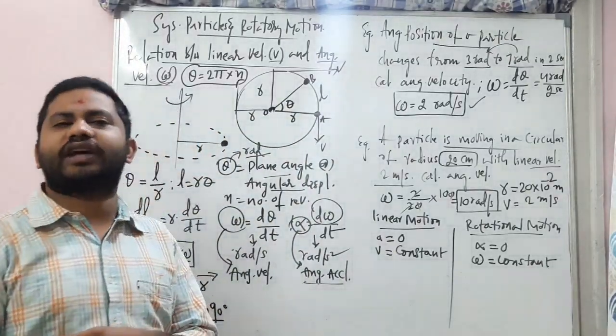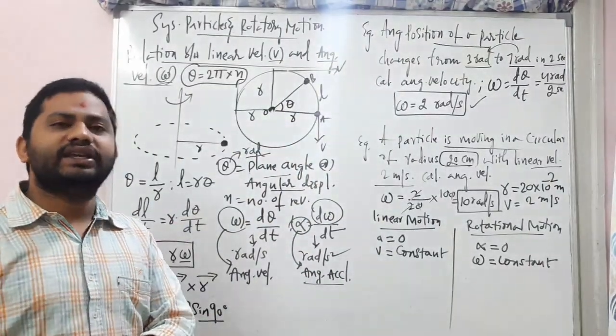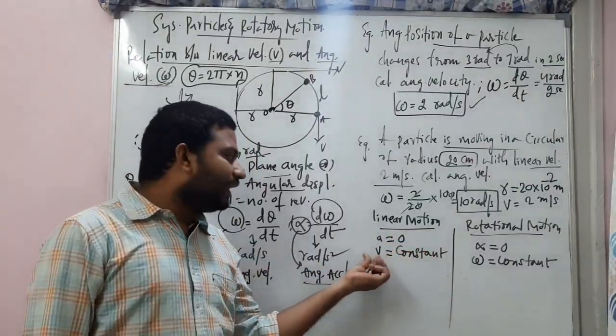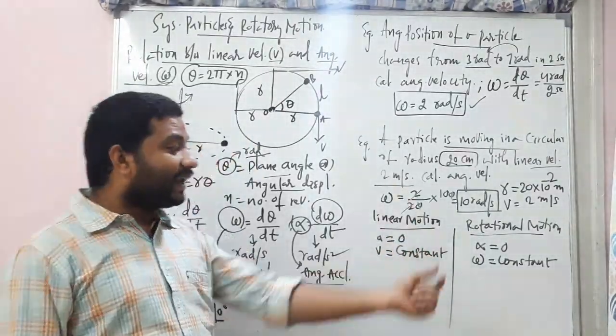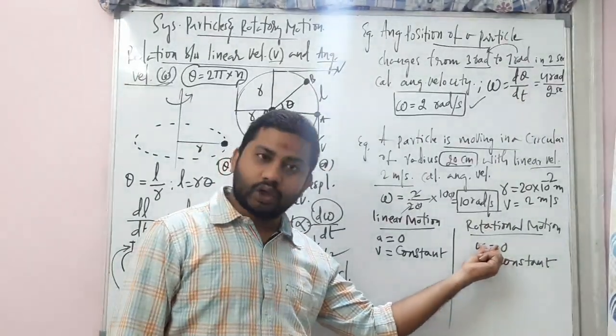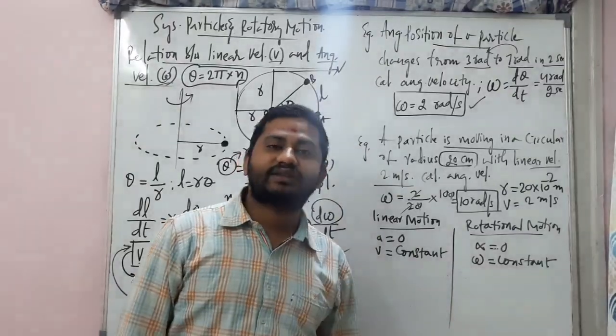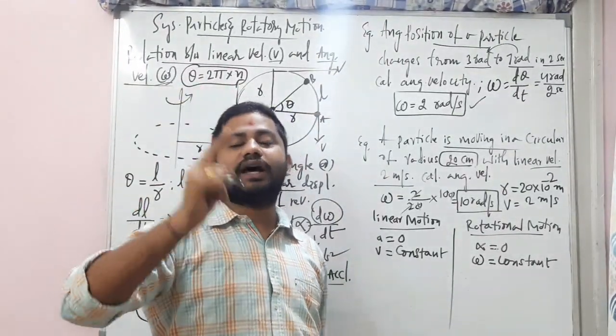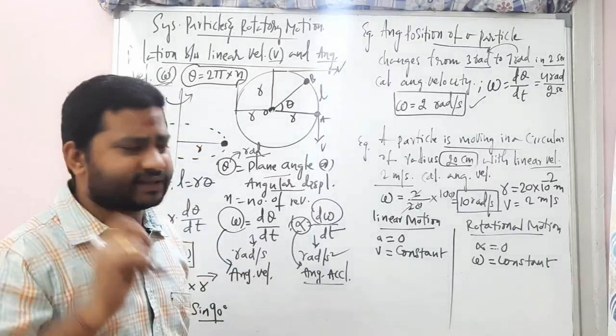Just write it in WhatsApp. In linear motion, acceleration is 0 and linear velocity is constant. In rotational motion, angular acceleration is 0 and angular velocity will be constant, right? Whether you agree or not, yes or no, write it fast.